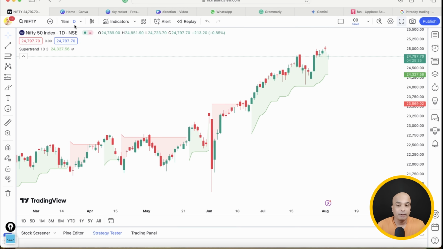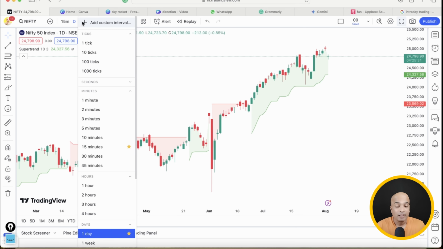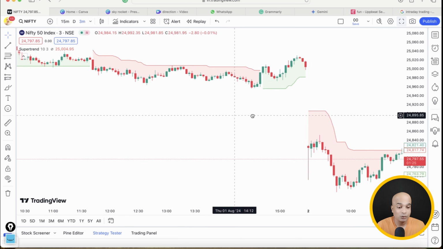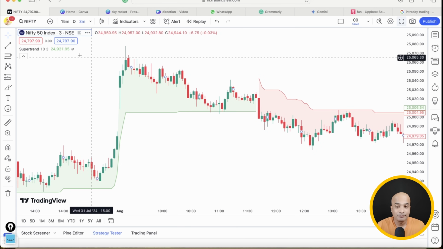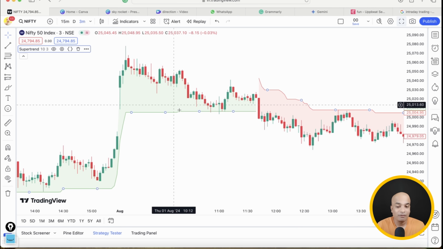Some people, especially scalpers and intraday traders, use the Supertrend indicator with a lower multiplication factor. For example, if a scalper is using a 3-minute time frame, then he will use a different, very close multiplication factor.